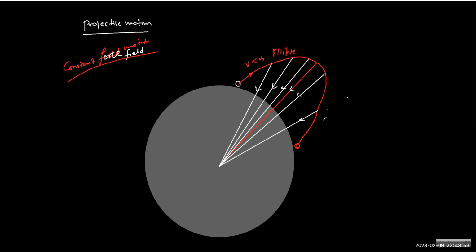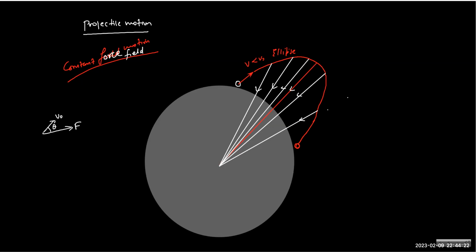That's it. So let's say I have a force acting this way, some hypothetical field, always acting in this way, constant value. If I throw something like this, this is definitely not parallel to the constant force field. So the path that you will get is going to be a parabolic path. It is going to be a trajectory which will be a parabola.